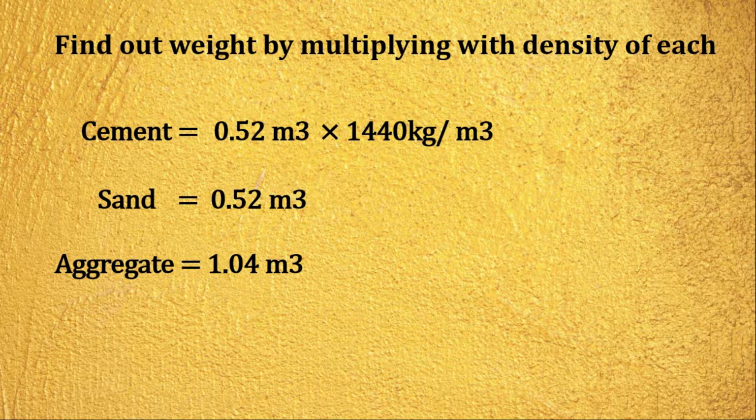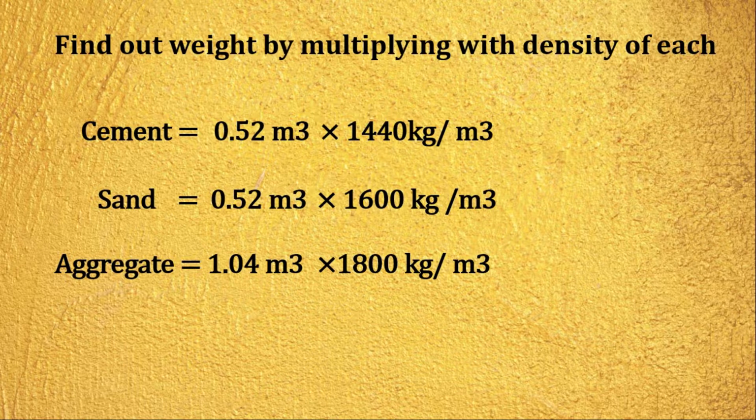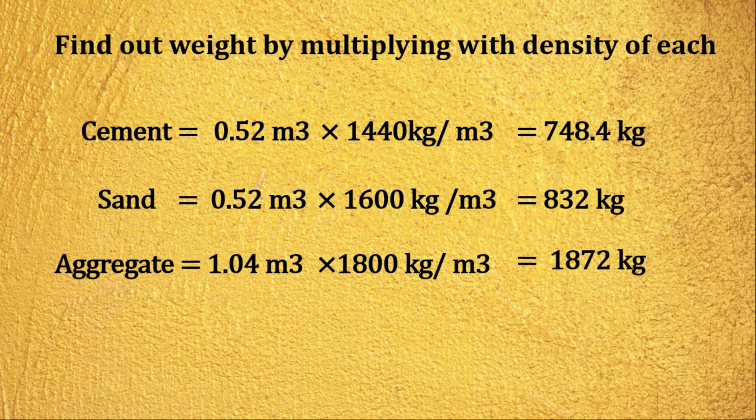For cement we are considering density 1440, for sand we are considering density 1600, and for aggregate the density is 1800. So the total weight of the cement that we are getting is 748.4 kg, sand is 832 kg, and aggregate is 1872 kg.